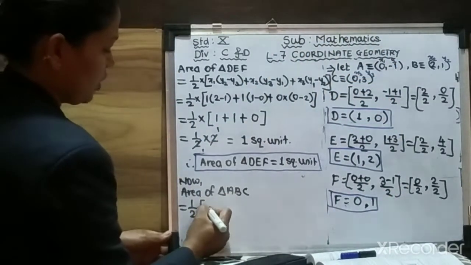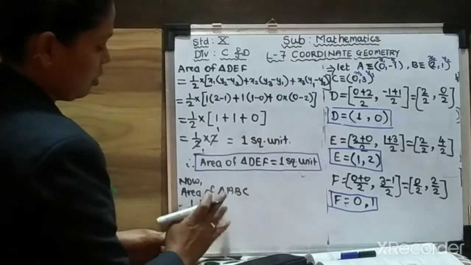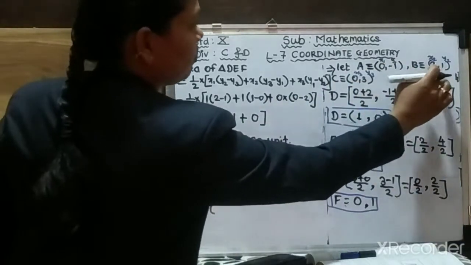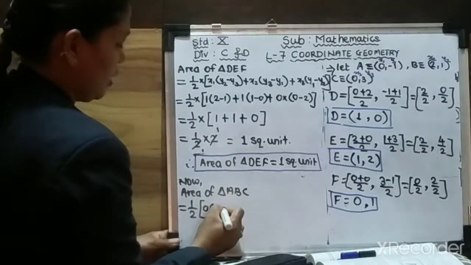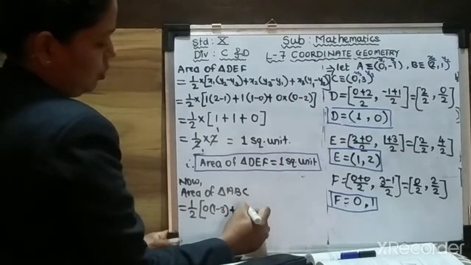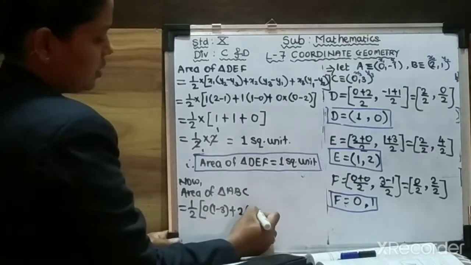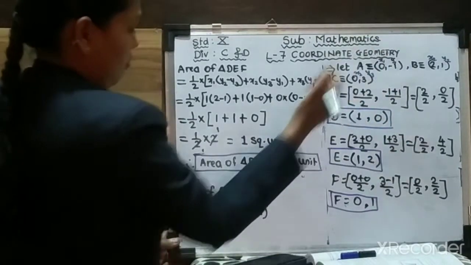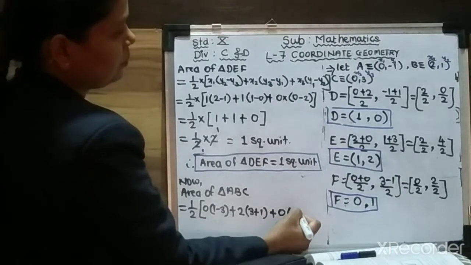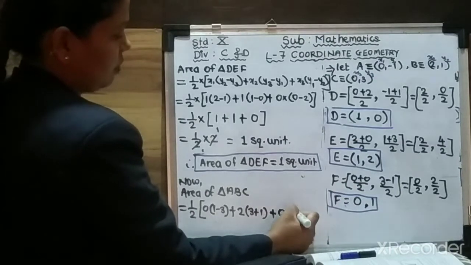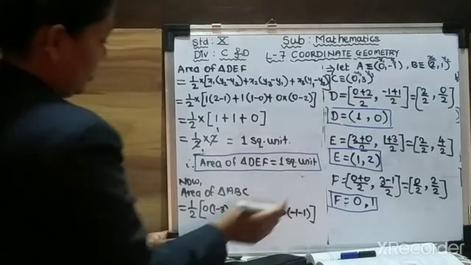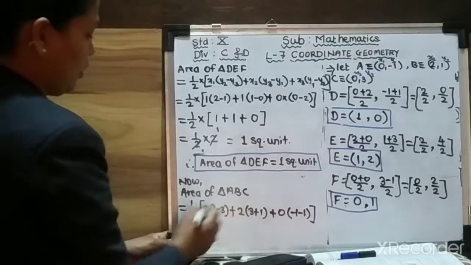So first x1, so 0 multiply by 1 minus 3, plus, now x2, so 2 multiply by 3 minus 1, right, y1. Then x3 is 0 multiply by y2 minus y1.